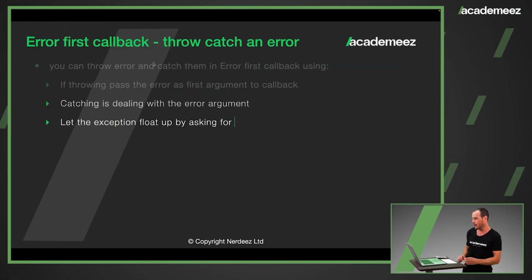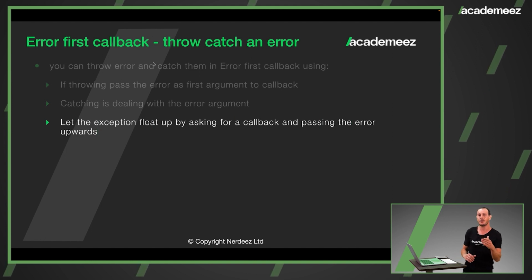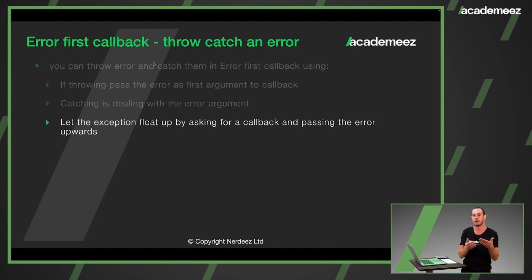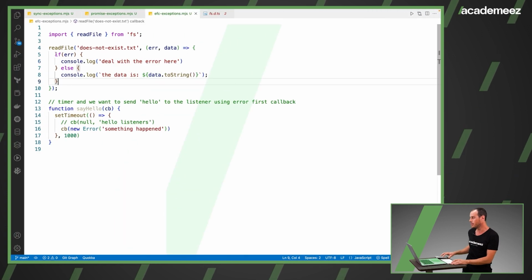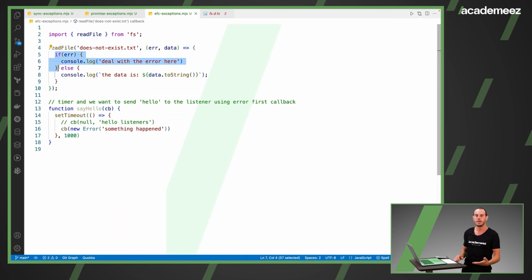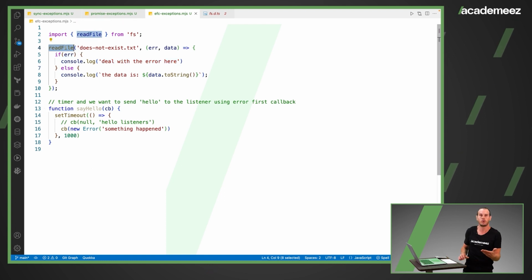Now, let's talk about sometimes you don't want to deal with the error. Rather, you want to pass the error upwards, to pass the exception up. So sometimes you cannot deal with the error inside the callback. You need to pass it to whomever called the read file.